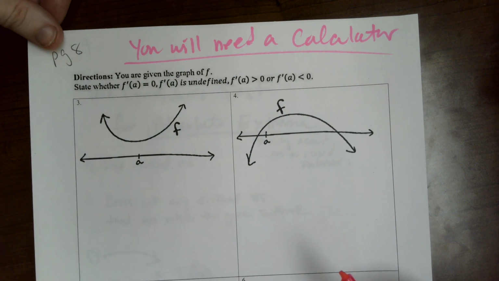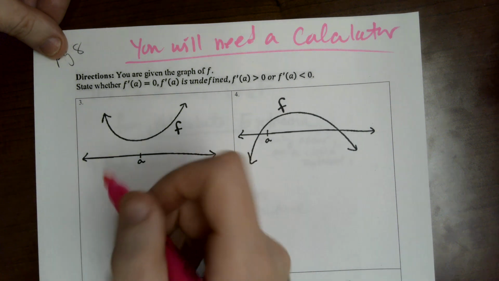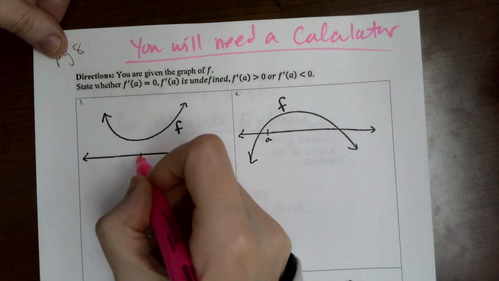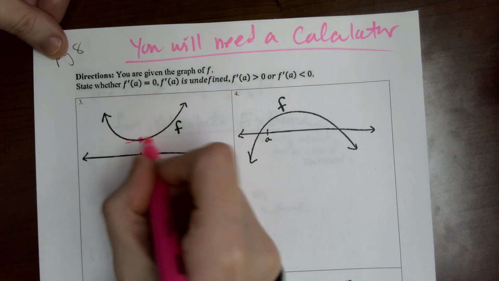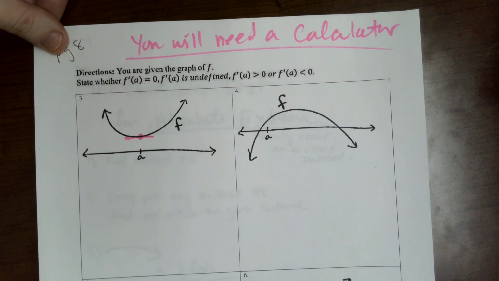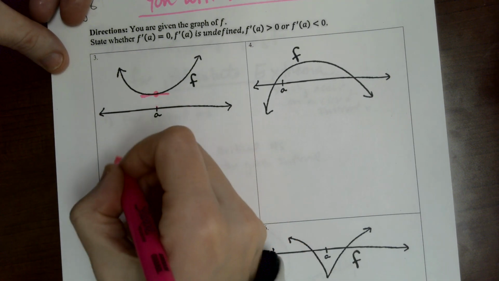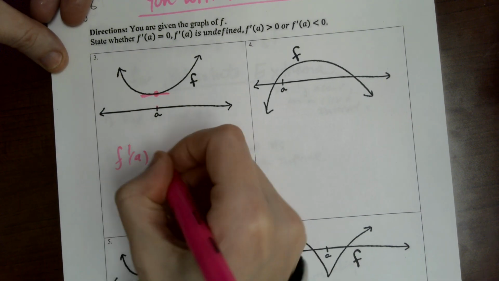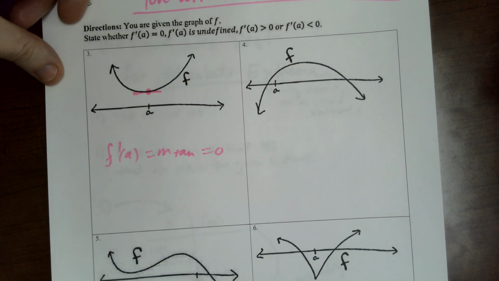Alrighty, so first we have to identify the point on the graph at A. So here's A, go up to the graph. Okay, there's a line there. So what we're looking for is m tan. So in this case, f prime of A, which is equal to m tan, is equal to 0.